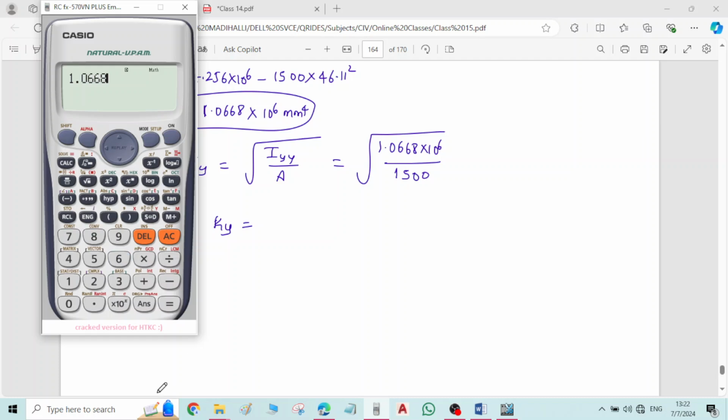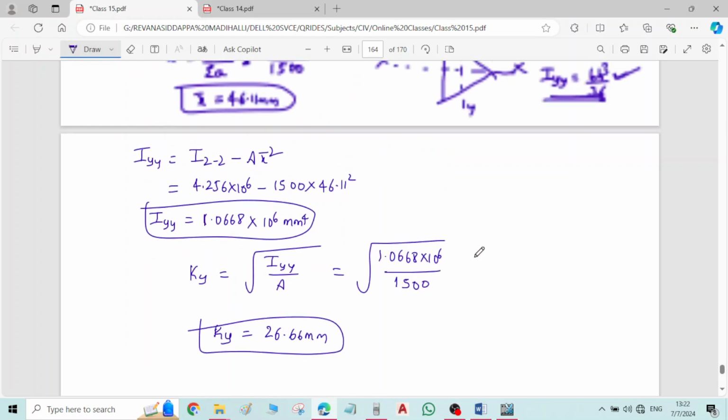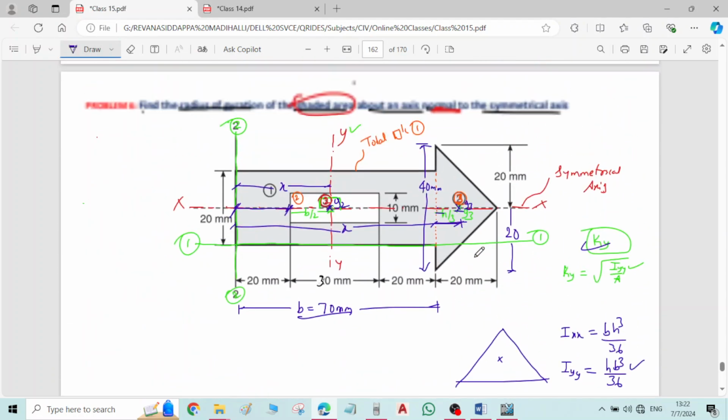Root of answer, therefore ky is equal to 26.66 millimeter. So this completes the solution of this particular problem.